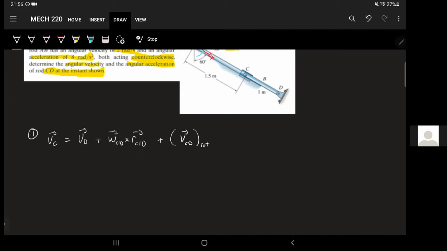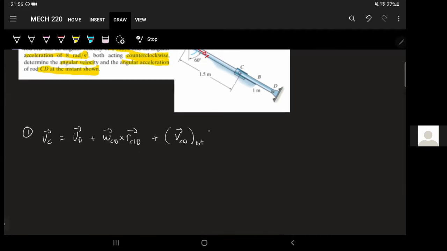So basically, in our frame that's rotating, what's the velocity? We see this going around.